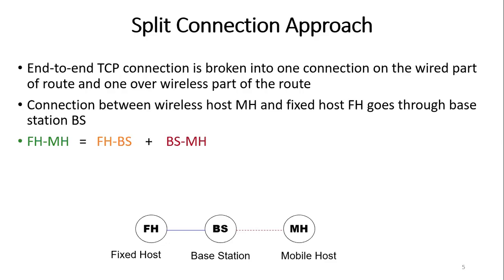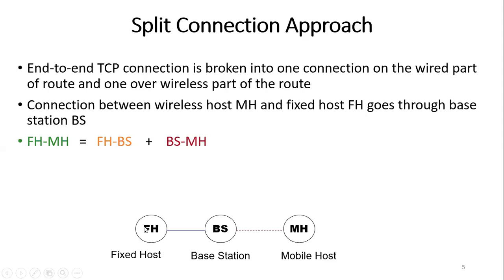So in a split connection approach, the TCP is broken. Instead of using end-to-end semantics, it is just broken into two parts. So there will be two TCP connections. Up to the base station, the other end we assume fixed. It has a fixed location.